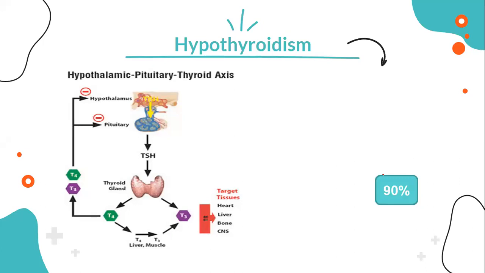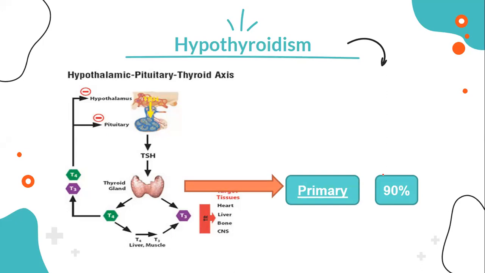So hypothyroidism, how can we relate it to some sort of classification? We have a primary hypothyroidism, which is related to the decreased function of the thyroid, and it represents around 90% of all the cases of hypothyroidism.